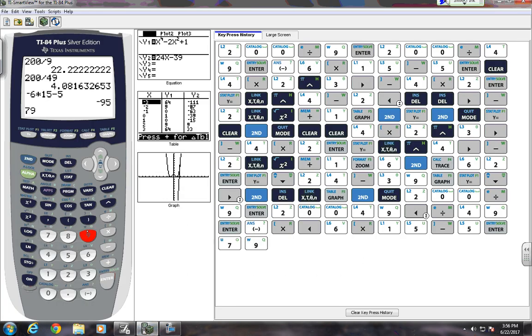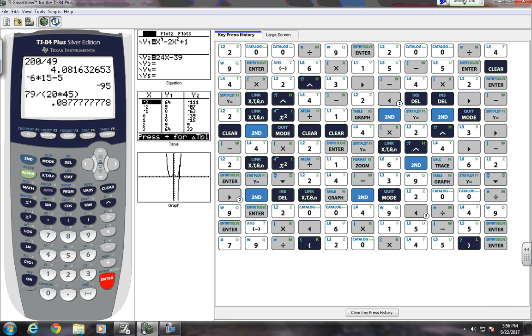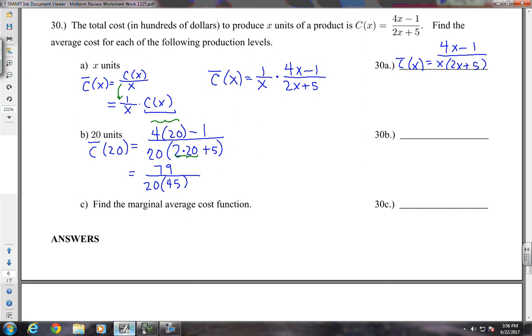79 divided by, be careful here, I have to group my entire denominator in a set of parentheses in order to get that product to actually be in the denominator. So I type that into my calculator and we end up with 0.09. Now remember, the cost is given in hundreds of dollars.